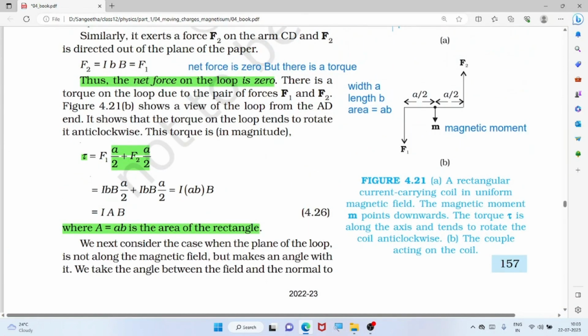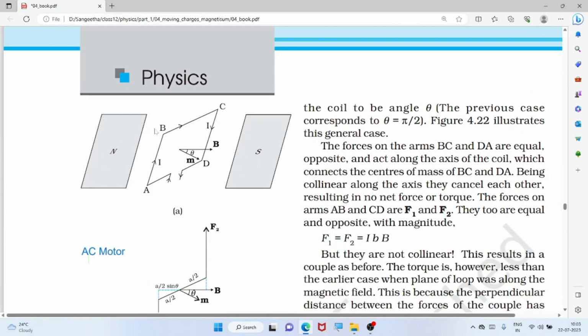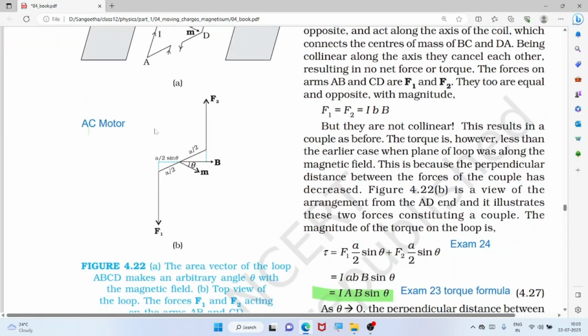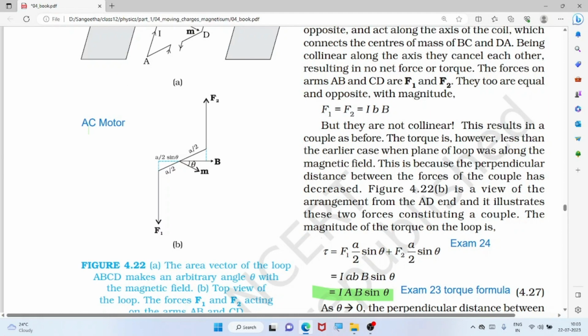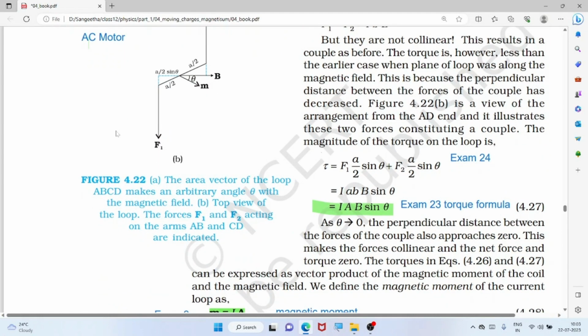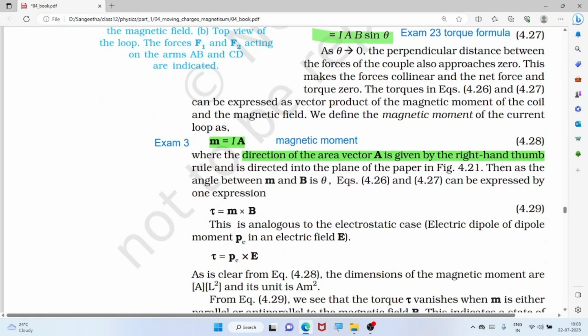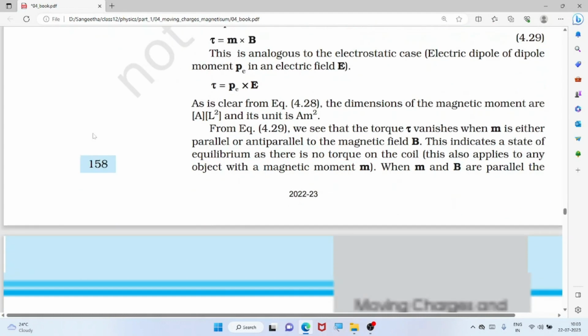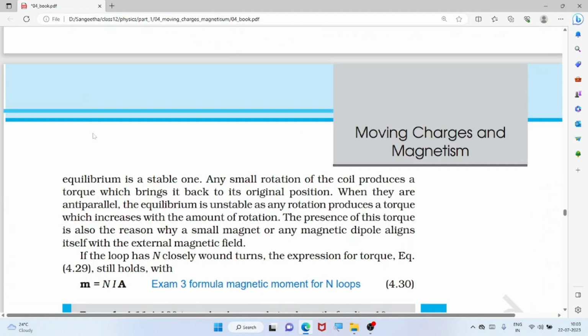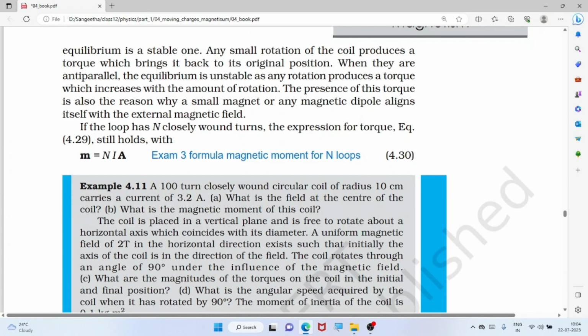M is the magnetic moment. This principle is applied in motors. Magnetic moment is the current into area, with the direction given by the right hand thumb rule. For more than one loop, you have to multiply with the number of loops, capital N.